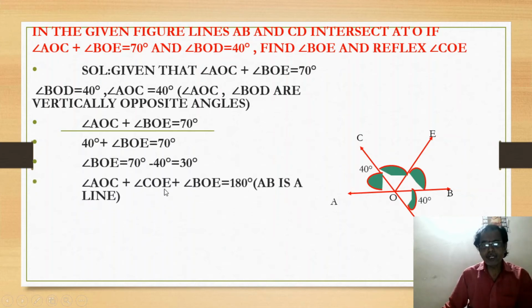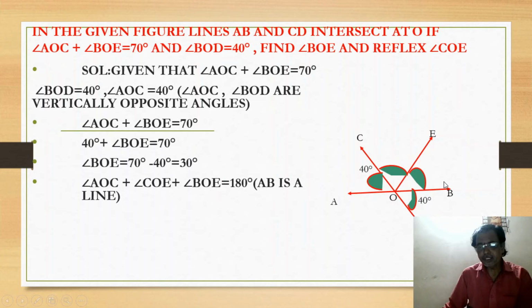Now we have to find angle COE by taking an equation from the figure. So how can we take this equation from the figure? AB is a line. Here, the sum of these three angles, angle AOC plus angle COE plus angle BOE, is 180 degrees. Why?